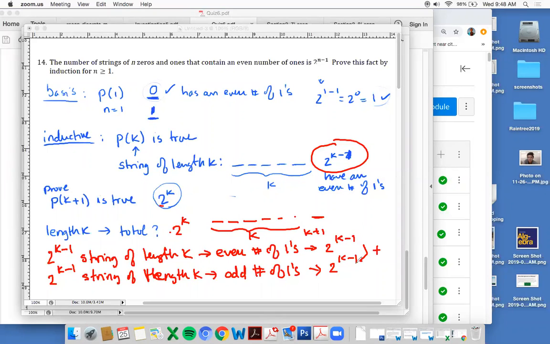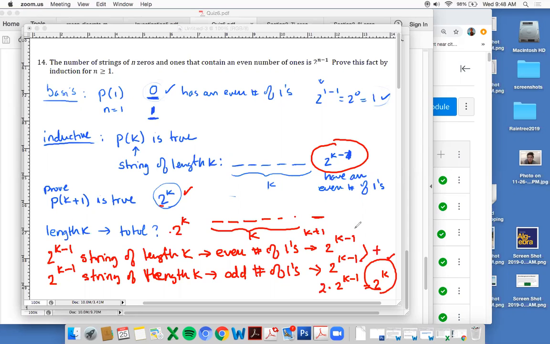So now when I add these together, I get 2 times 2 to the k minus 1, which makes 2 to the k. So we can see that we reasoned our way to showing that the formula holds true for P(k plus 1) also. Okay, so this is what we're trying to get to.